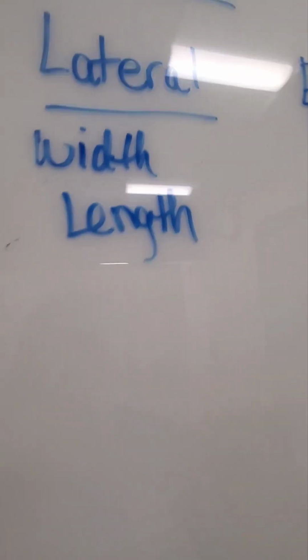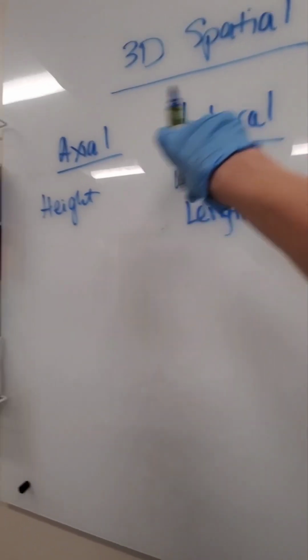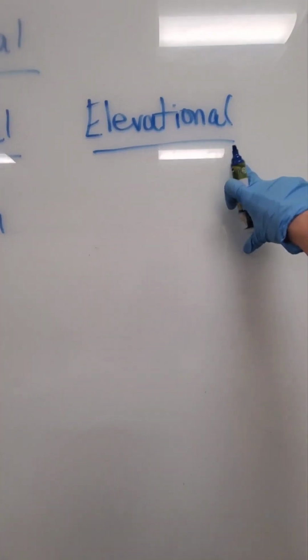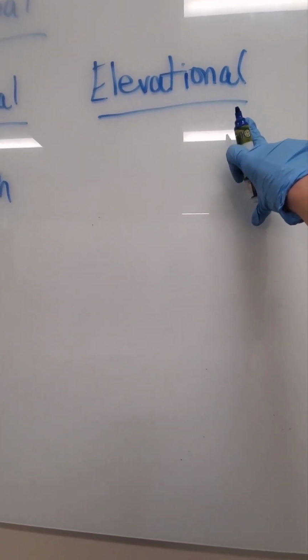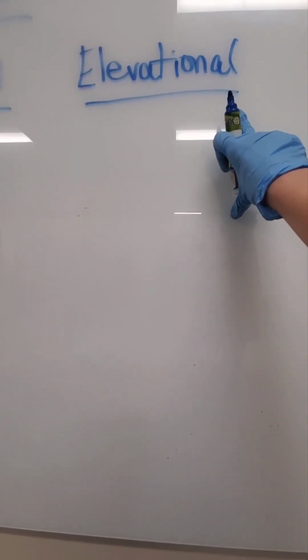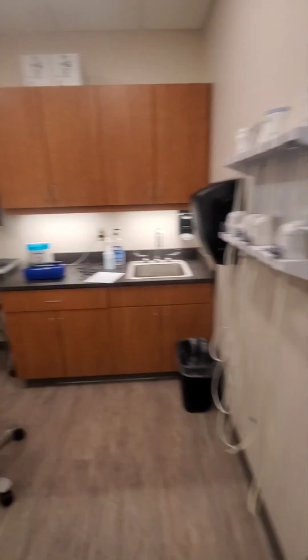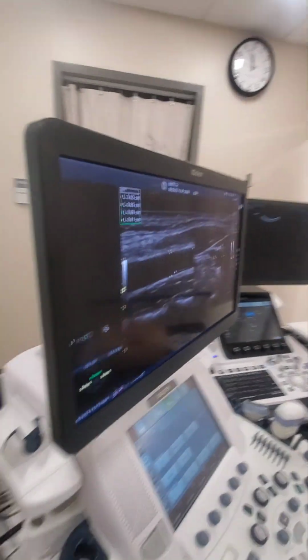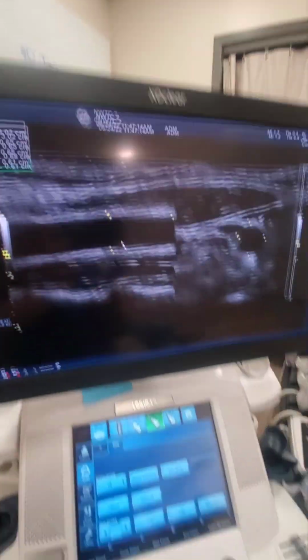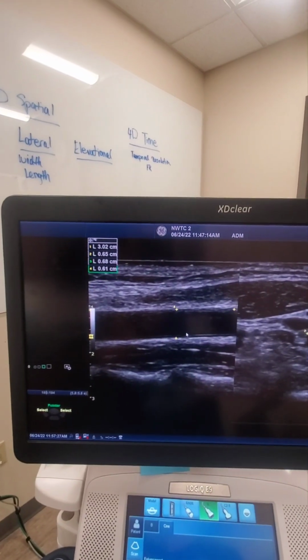Okay, but wait. If this has 2 dimensions and this is 1, then what is elevational? So we're scanning in 3 planes, right? But it's 2 planes at this time in this B mode modality, because that's a 2D image.